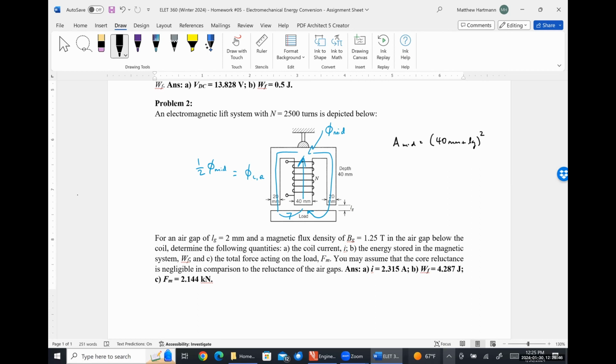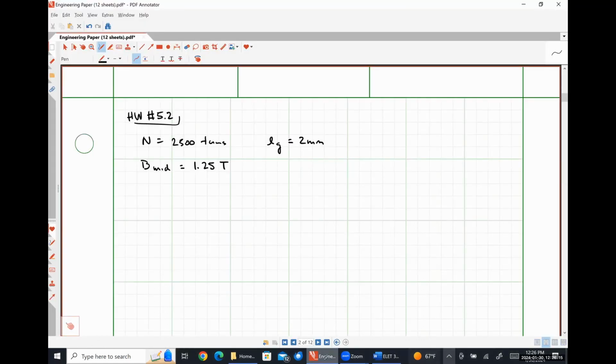And then our left and right air gaps are going to be 20 millimeters. I wrote 200 instead of 20. Times 40 millimeters plus LG, like so. So I'm going to go ahead and write those down, right?